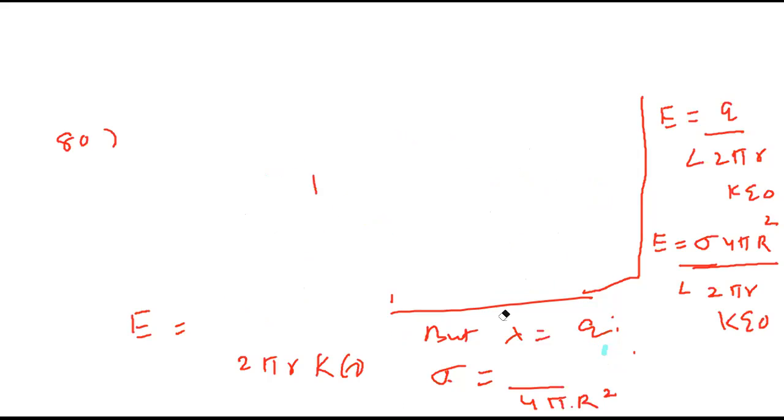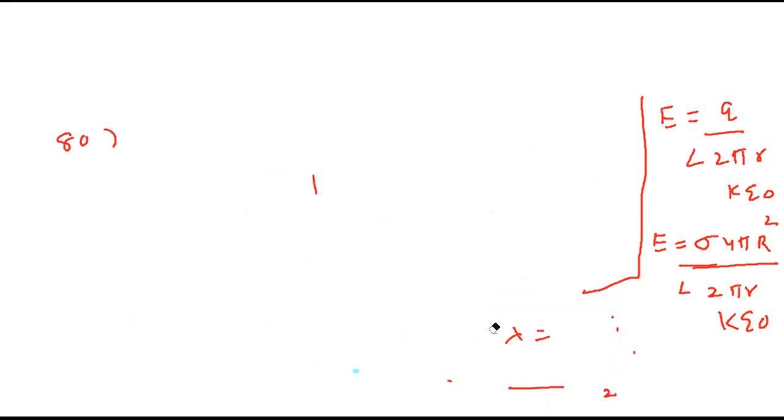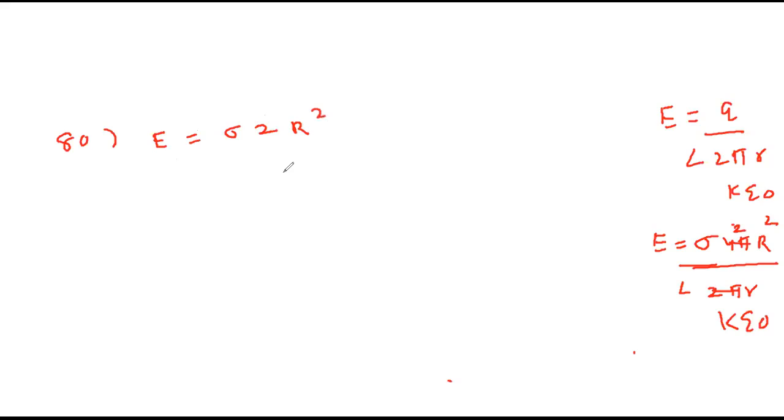So if we simplify this, we get E equals to sigma into capital R square upon length into R into K epsilon naught.